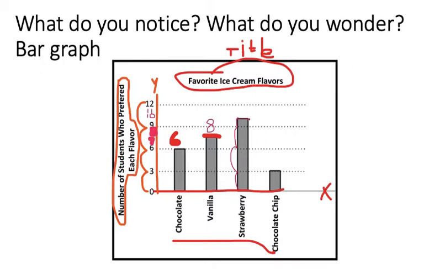Now, the amount of students that chose strawberry is probably closer to 10, because this bar looks as if it's closer to 9 than it is to 12. So it's about 10 students, I would say. And chocolate chip is an easy one. 3.